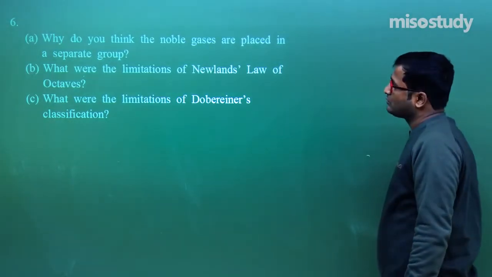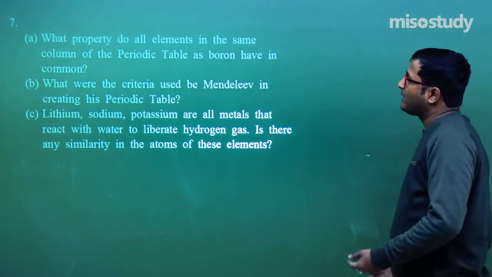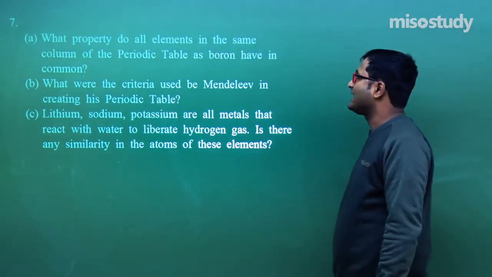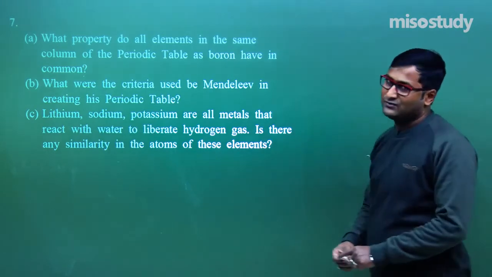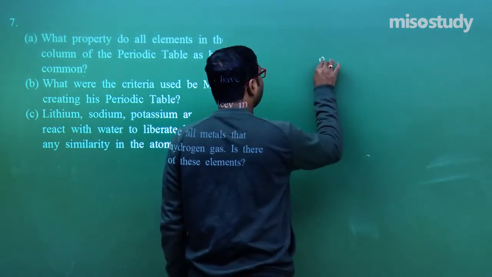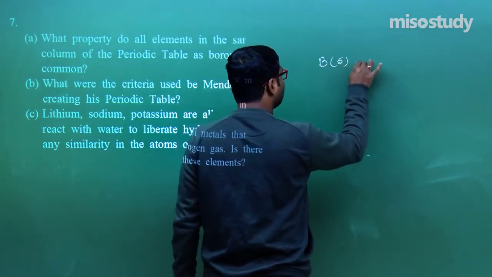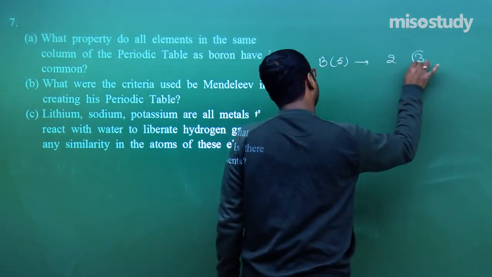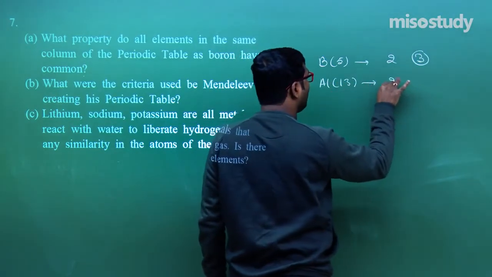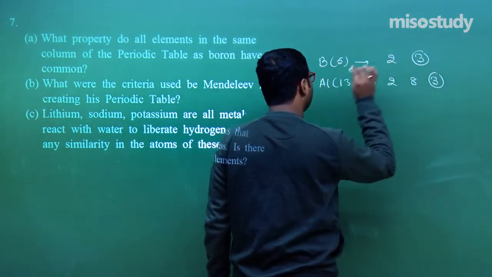The next question is question number 7. What property do all the elements in the same column of the periodic table as boron have in common? As we know, boron has 3 valence electrons, valency 3, with configuration 2, 3. Aluminium will also have 2, 8, 3, the same valency.